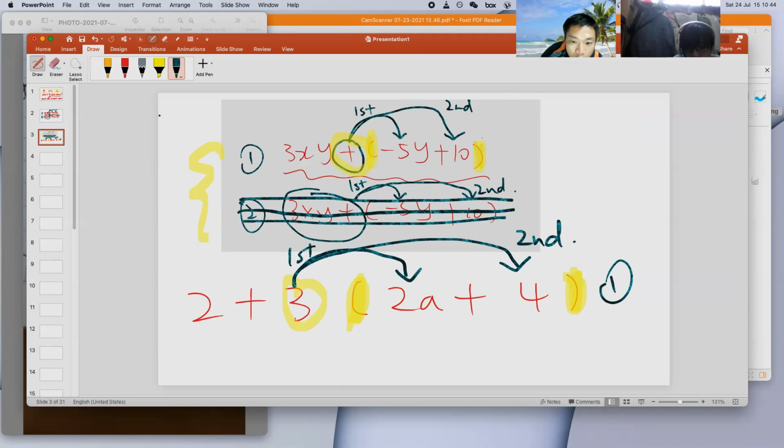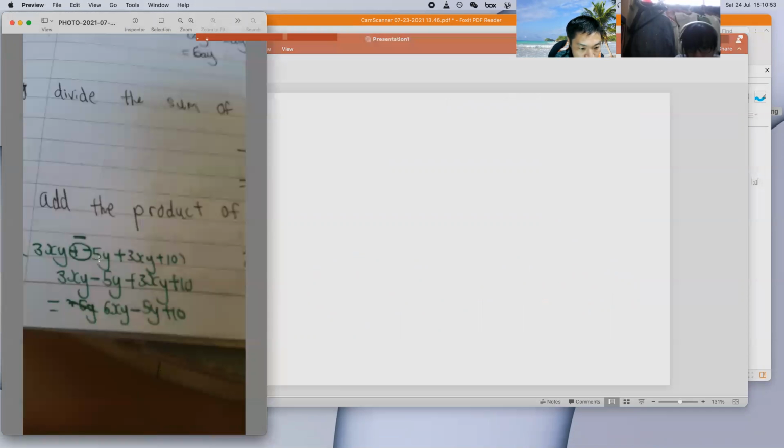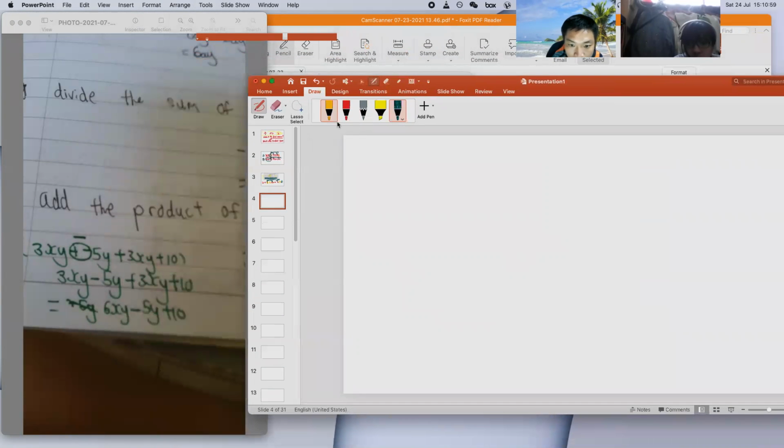So therefore, let's go back to the question. Can you see all this question? So if I copy all this here, 3xy plus, then you have a minus 5y, and then you have a plus 10.